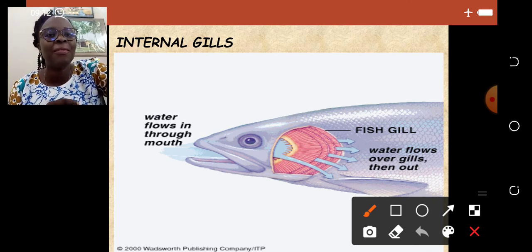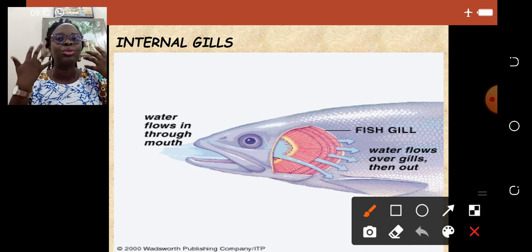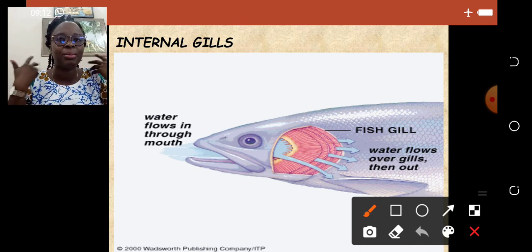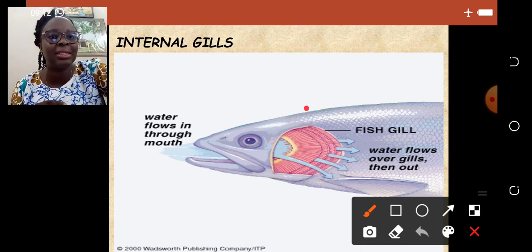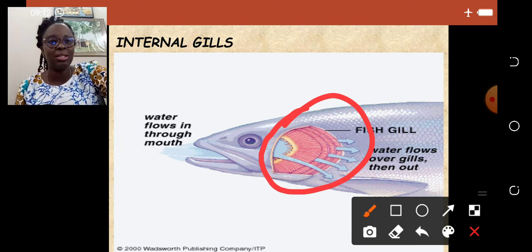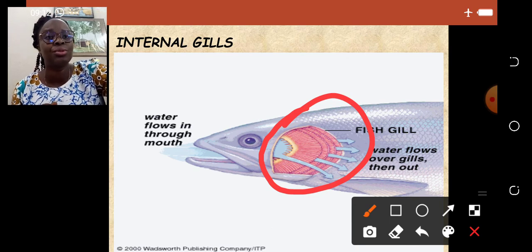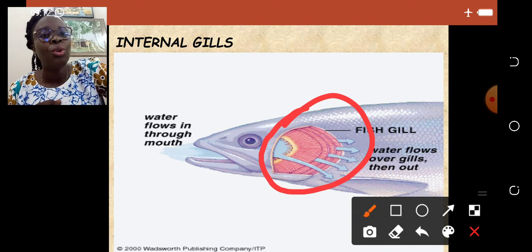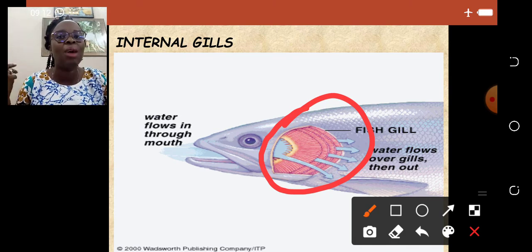So the water flows in, and it flows out through the operculum. That's through the side. Now in this diagram, the operculum has been removed, so that's why you can actually see through to the gills. So it flows through the mouth, then out via the operculum.